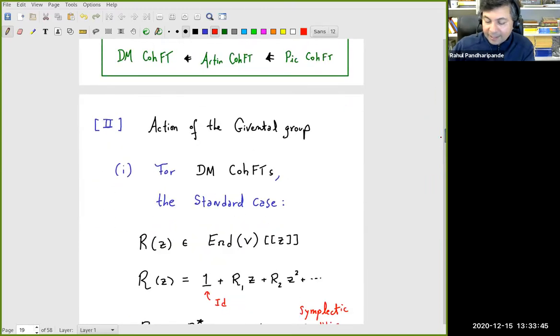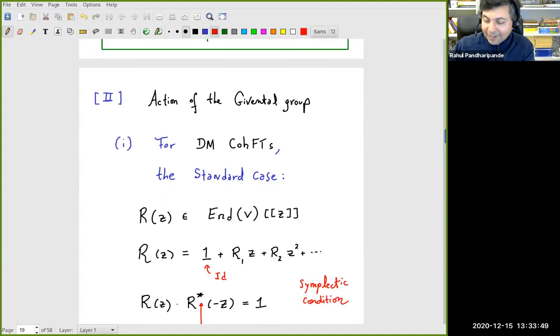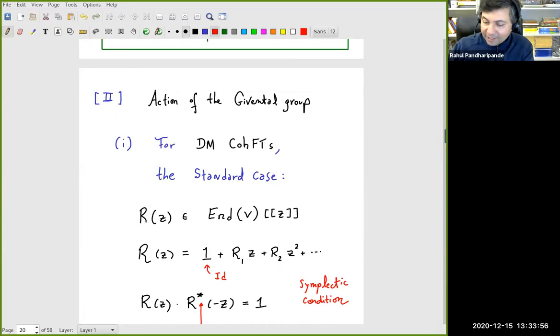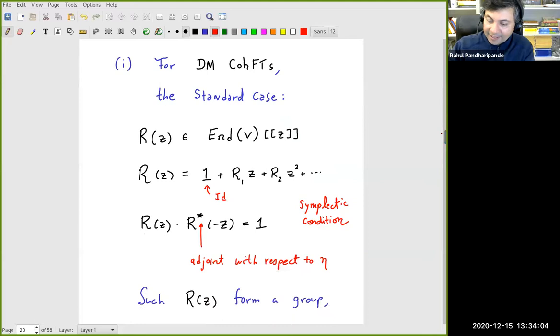Okay, so for the Deligne-Mumford case, probably everyone has seen some aspects of CohFTs in some language before. I think the number of people that are familiar with the action of the Givental group is smaller, so I'll say a few words about that. This is again in the standard case, the Deligne-Mumford case, and there are various references for this.